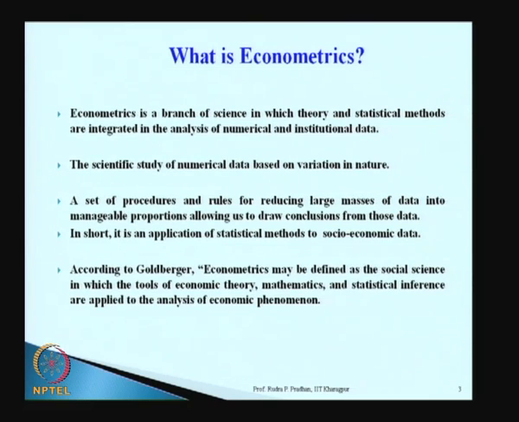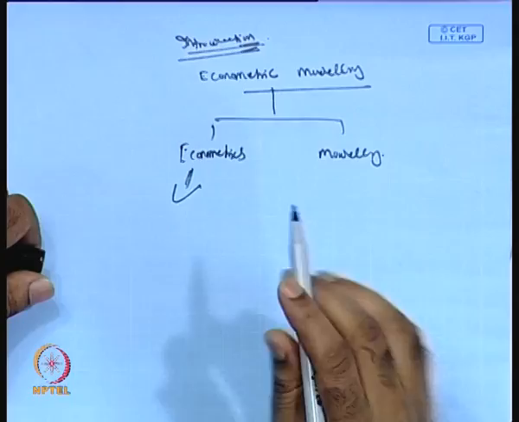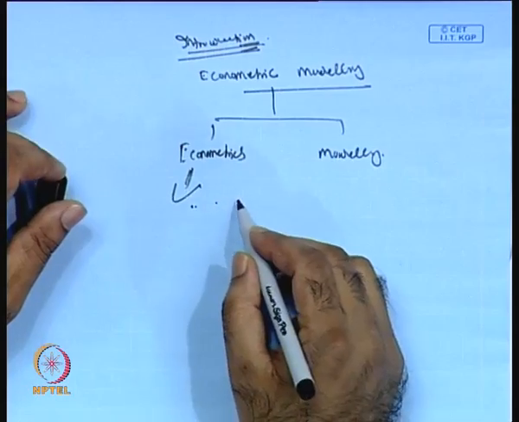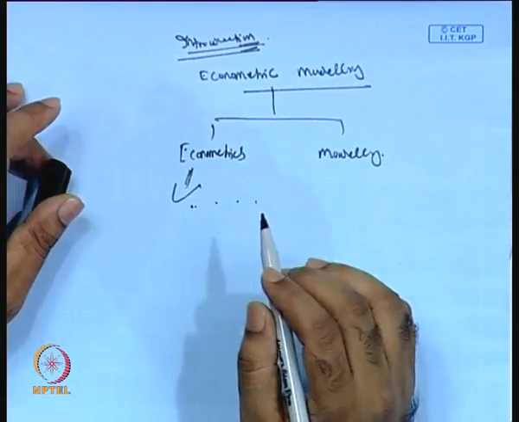It is otherwise called the scientific study of numerical data based on variation in nature. That means it is a set of information collection, summation, estimation and interpretation of data. This is what one finally calls the econometrics aspect.